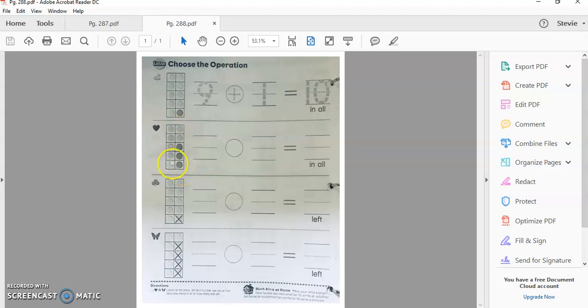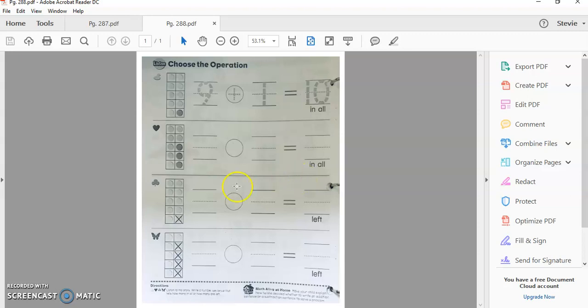You're going to write how many you started with plus how many more. Then looking down here at the 10 frame subtraction, just like we did yesterday, this is minusing because you're Xing some of them out. That means you're taking some of them away. So you need to say how many you started with, how many in all, taking away how many, and then how many are left over.